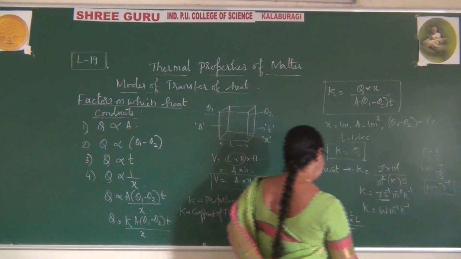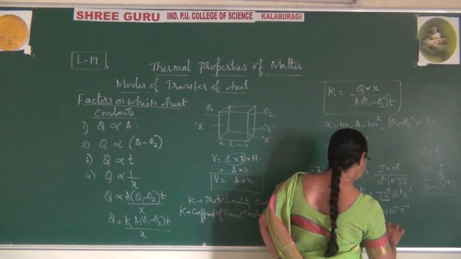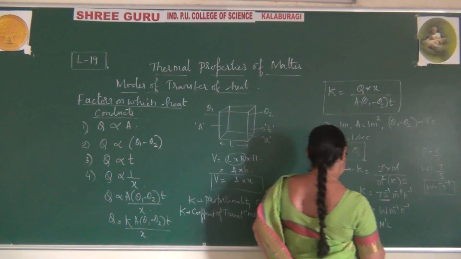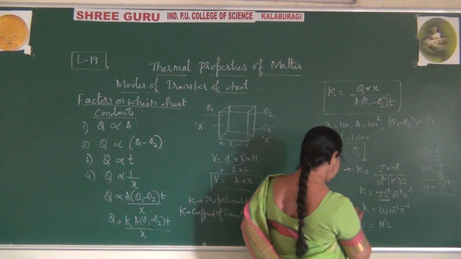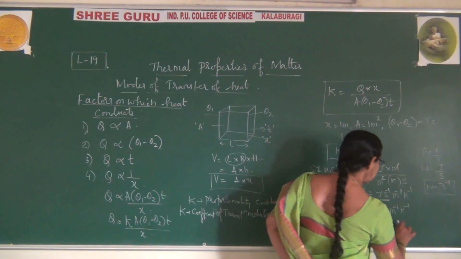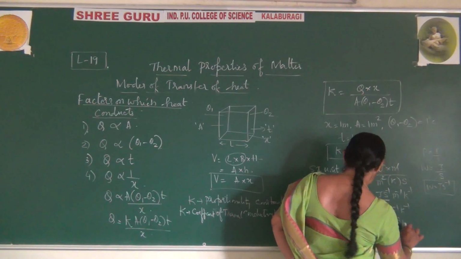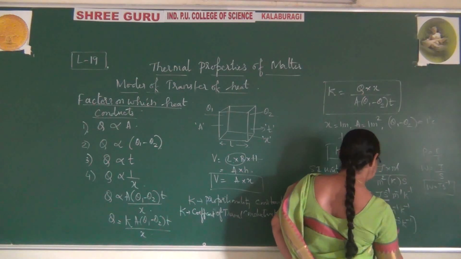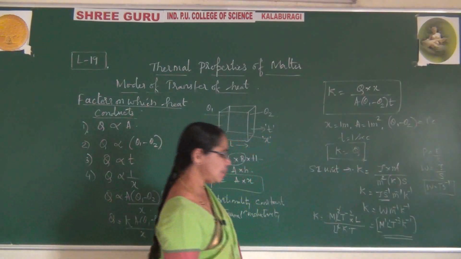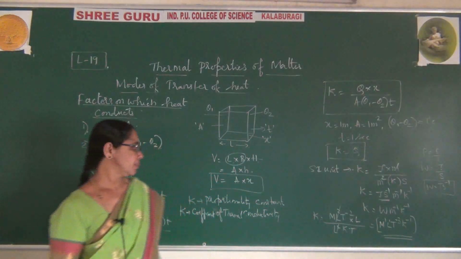So you get M to the power of 1, L, and T goes to the numerator: M to the power of 1, L to the power of 1, T raised to minus 3, K to the power of minus 1. So this is how to write the dimensional formula for this.